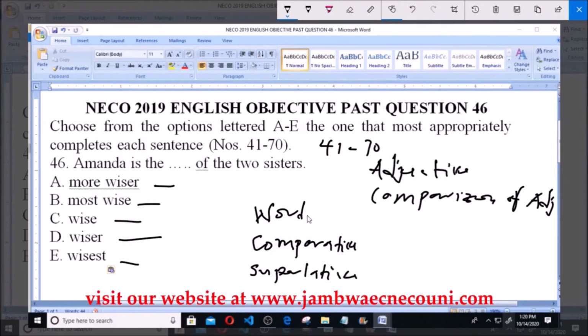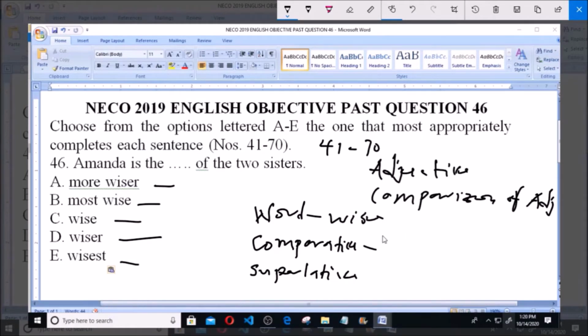Now the normal word or the first form of this adjective is wise, then the comparative form of wise is wiser, then the superlative form of wise is wisest. So that's why option A and B are out of contention for this question.